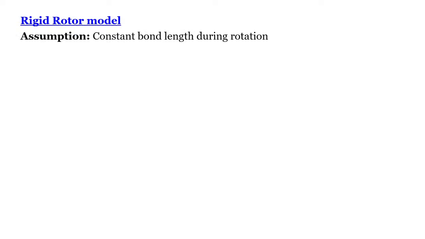And to explain the rotational spectra, the simplest model that one can use is the rigid rotor model, where the molecule is considered to be like a rod that rotates without any change in length. So the bond length remains constant during rotation. That is the assumption. And even then, it is a two-body problem.